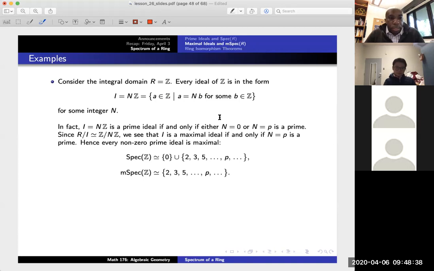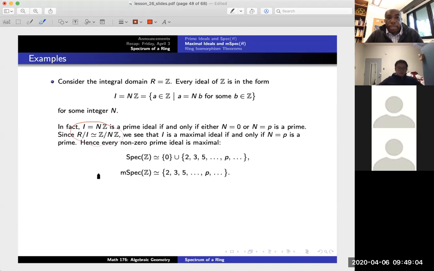In fact, this ideal is a prime ideal if and only if either n is 0 or n itself is a rational prime. n itself is a prime number. So this tells me now what all of the prime ideals of Z look like. On the other hand, if I look here at the quotient, R mod I, that is simply this ring Z mod nZ.